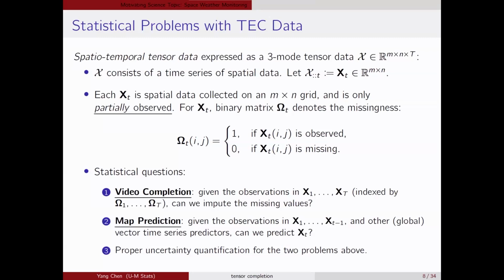And another thing that we're very interested in, which is also very hard to handle, is proper uncertainty quantification for the 2 problems that we mentioned above. As you would imagine, intuitively, for those big patch missingness, the uncertainty of missing data imputation will be much bigger than, for example, in the United States, where the signal coverage is so good that the uncertainty interval is actually small.